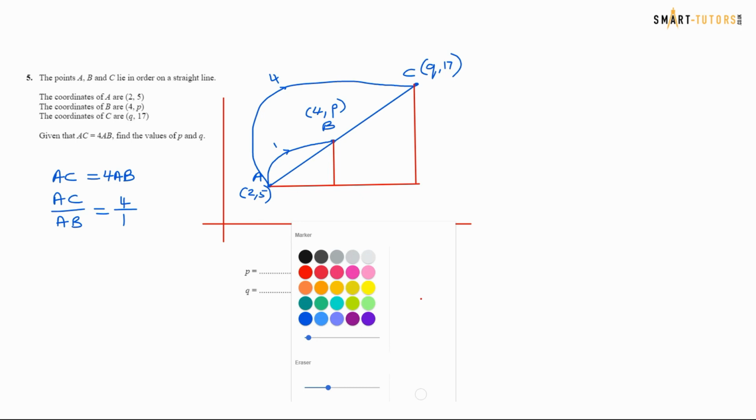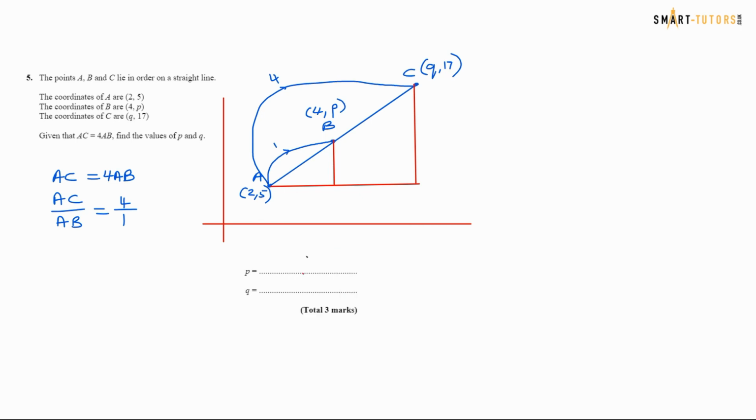Right, so let's start this one. X coordinate is 2, so this is 2, and here X coordinate is 4. So 4 take away 2, this side length is 2.